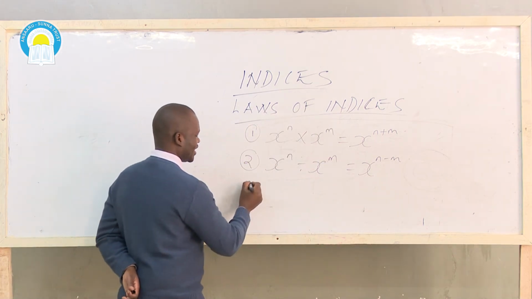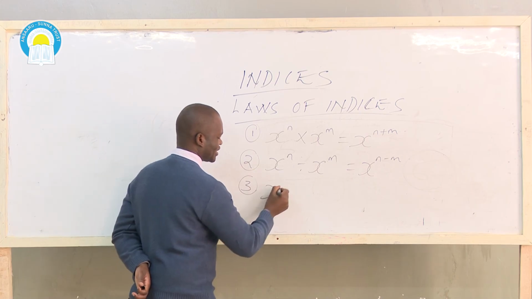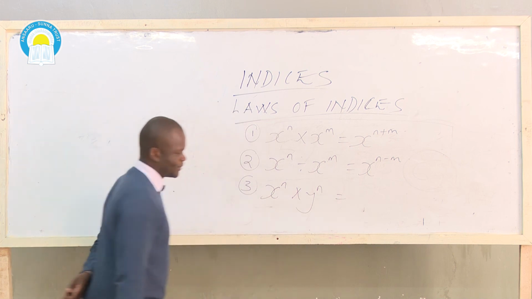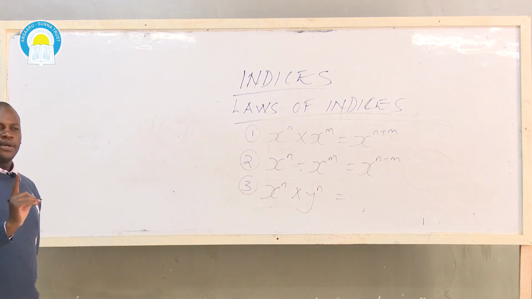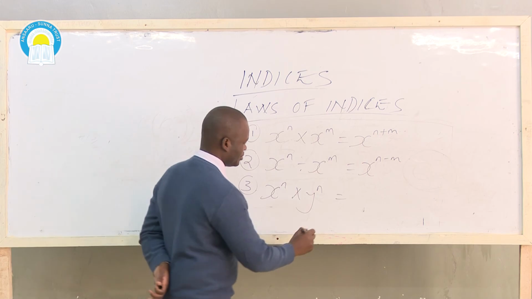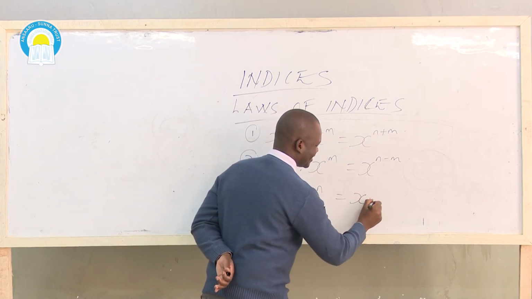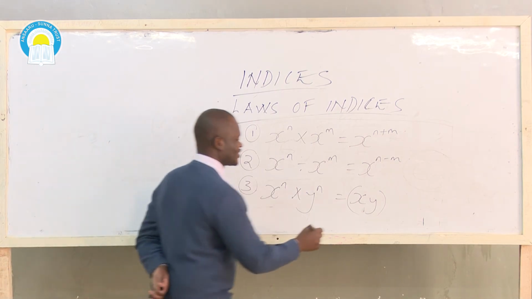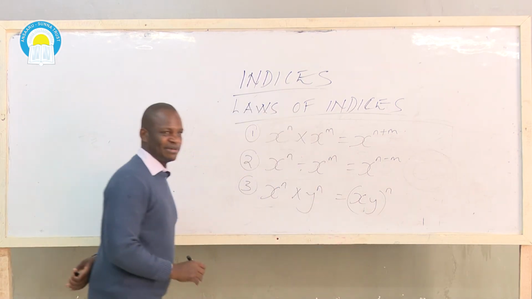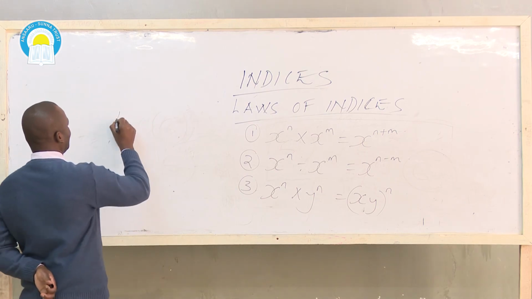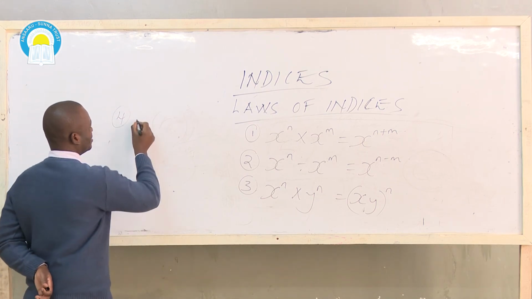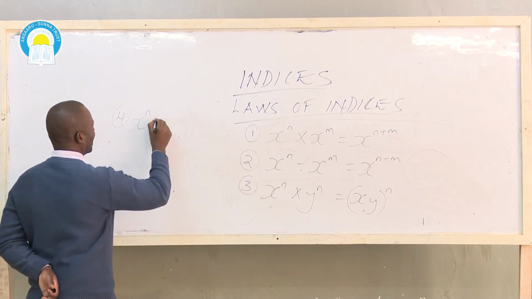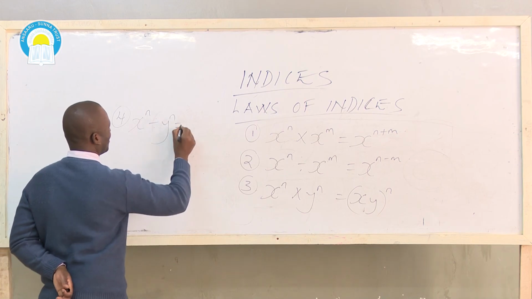We had our third law being law of multiplication having the same powers. What do you do? You multiply the bases and let that product you obtain assume that similar power. Then our fourth law was in regard to division having what? The same power.